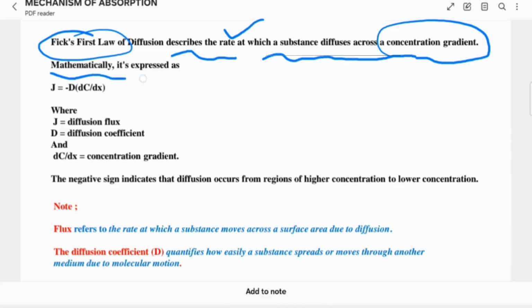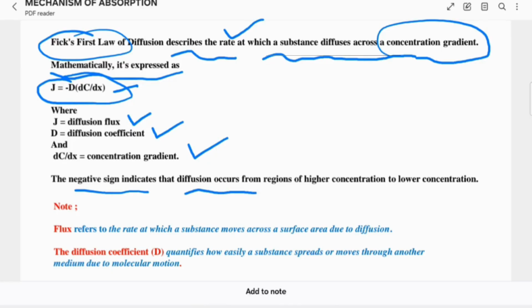Mathematically it is expressed as follows: J = -D dC/dx, where J is the diffusion flux, capital D is the diffusion coefficient, and dC/dx is the concentration gradient. The negative sign indicates that diffusion goes from the region of higher concentration to the region of lower concentration.